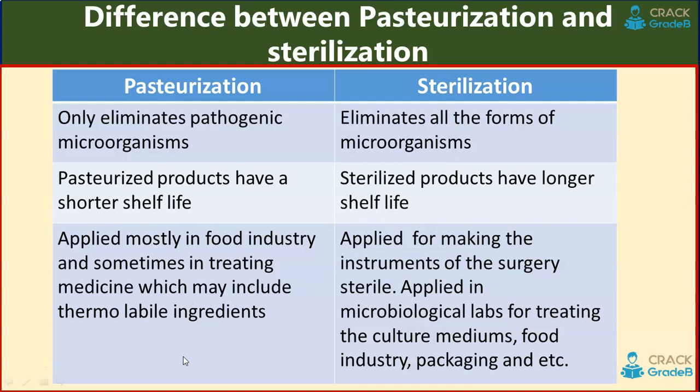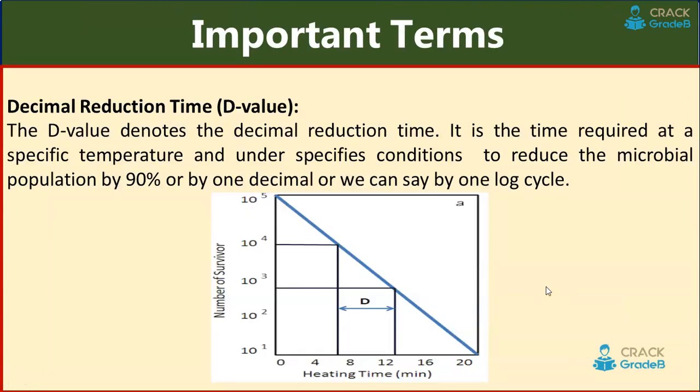Pasteurization is mostly applied in food industries and sometimes in treating medicines which may include some thermolabile ingredients, whereas sterilization is used in making the instruments of the surgery sterile. It is also applied in microbiological labs for treating the culture mediums and also used in food industry, packaging industry, etc.